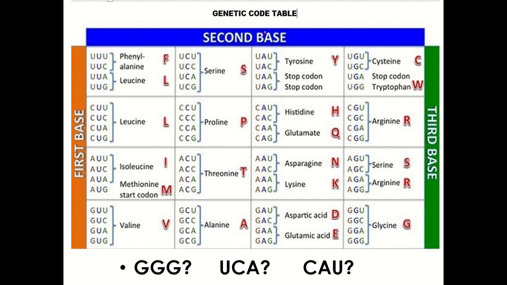Ang pangalawa, yung color blue. So yung first ay color orange. So, blue, GG. So dito, G. So kung ito yung GU, GC, then we have, alright, so dito tayo, GG. So dito siya, G. So, GGG. So yun, GG. Tapos hanapin natin G. So ito yun. Kaya ito ay glycine.